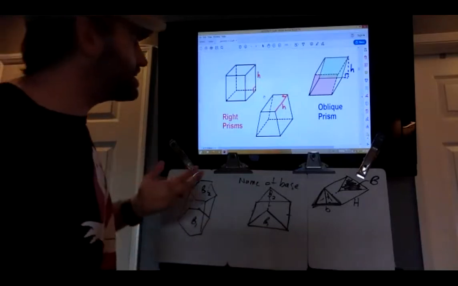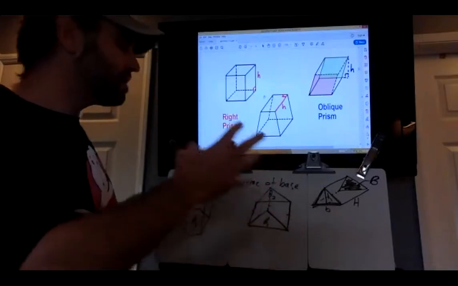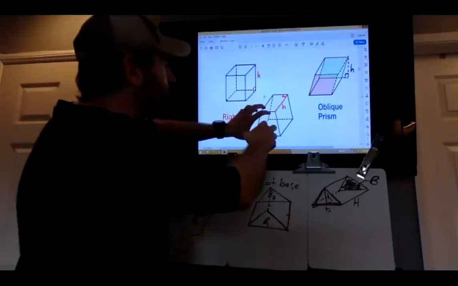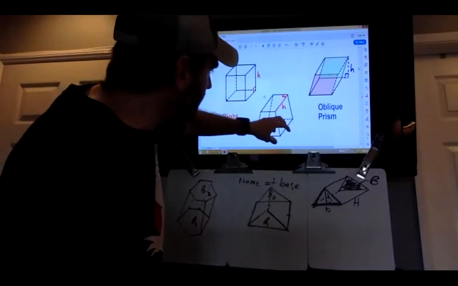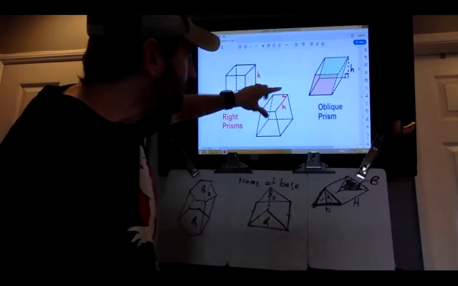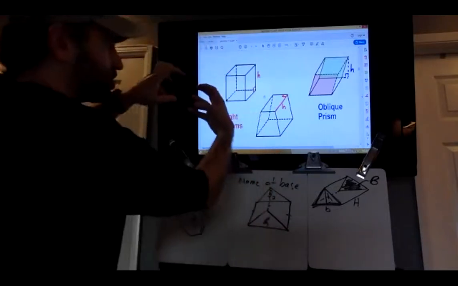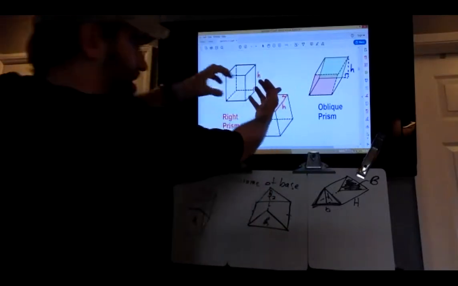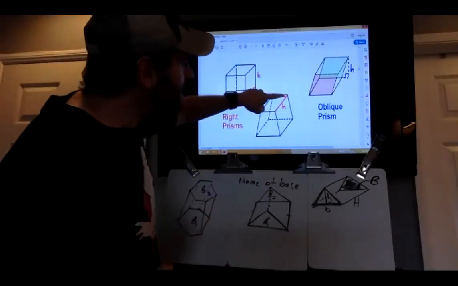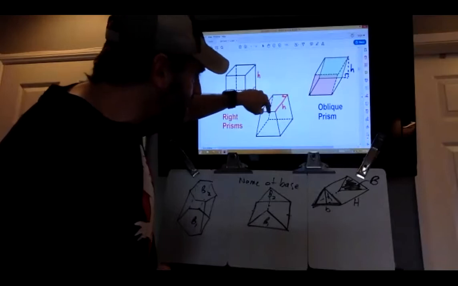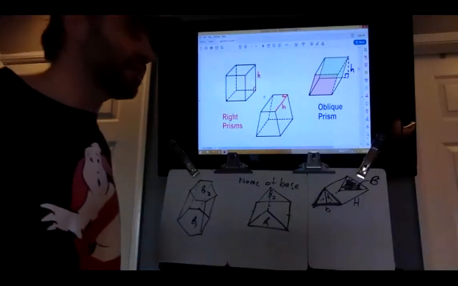No, you're looking for the two identical congruent bases where you pulled one and stretched it out. Okay, you did not stretch that rectangle into the little rectangle at the top. You took this trapezoid in the front and stretched it back, or you took the one in the back and stretched it towards you. Okay, so those are the two bases. So the height, of course, is this red piece that connects those two bases.